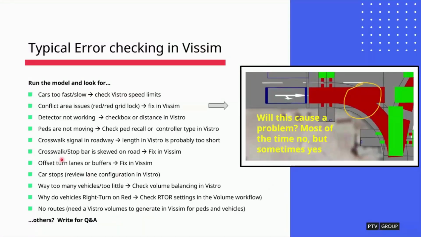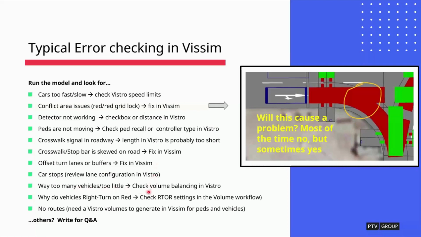Some other things, crosswalks are skewed. On the Vissim side, you probably have to fix it in Vissim because we can't do skewed crosswalks in Vistro. Same with buffers of turn lanes or offset turn lanes. Those are local things that you probably are going to have to fix on the Vissim side. Operationally, you'll get the same result in most cases, but if you just want the visuals, you need to fix it there.